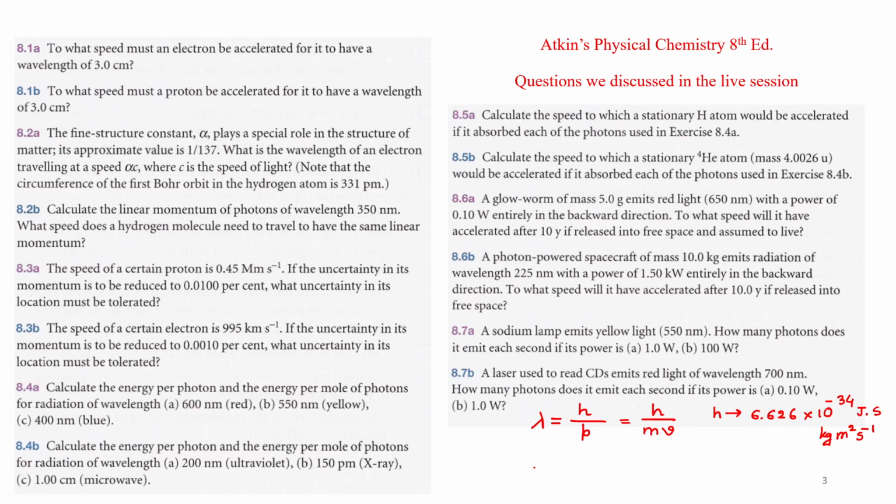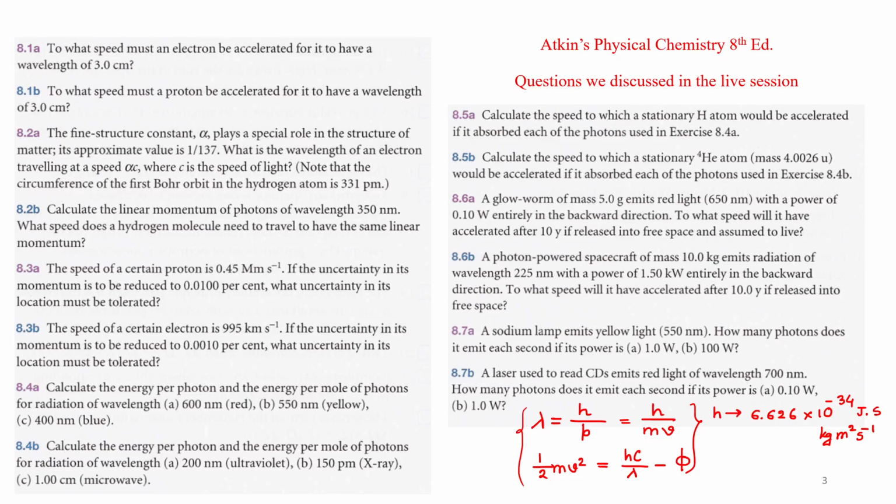One electron will be ejected for one photon, and that electron will have kinetic energy. That kinetic energy, half mv square as you know, will be equal to the total energy falling, that is hc by lambda mostly, minus the work function. So phi is the work function. Based on these two formulas, we will try to solve today's problems.